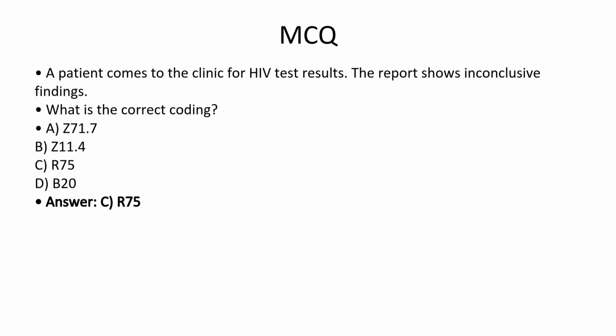So we assign R75 for inconclusive findings. Z71.7 is incorrect because that is used only when results are negative. Z11.4 is incorrect because that is for testing visits. B20 is incorrect because HIV is not confirmed. So the correct answer is C, R75.